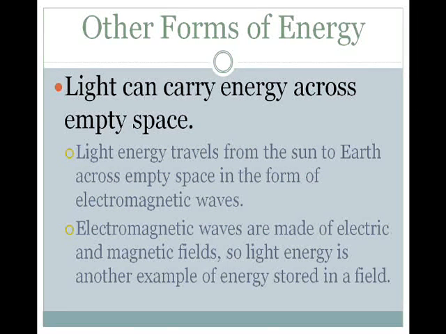Electromagnetic waves are made of electric and magnetic fields, which is what gives it its name. So just remember, electromagnetic waves mean you've got electric and magnetic. And so light energy is another example of energy stored in a field. So we have electrical energy stored in a field and light energy stored in a field.